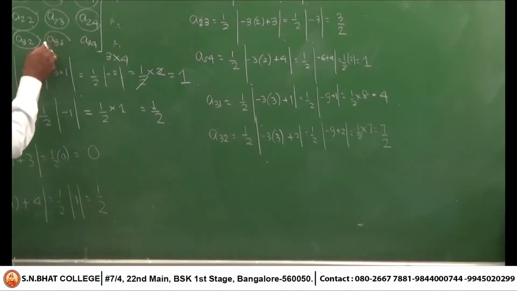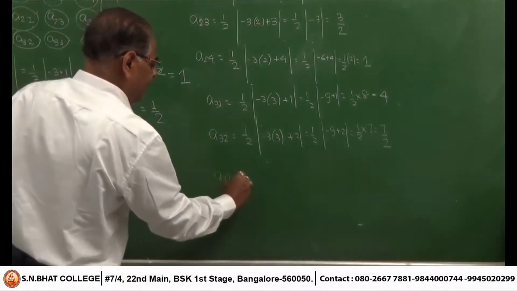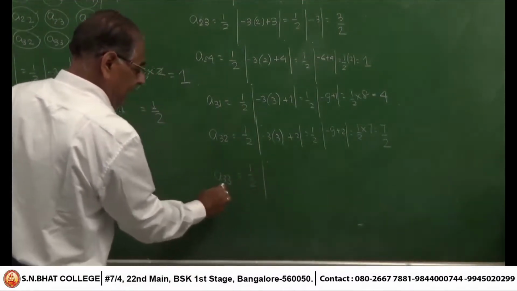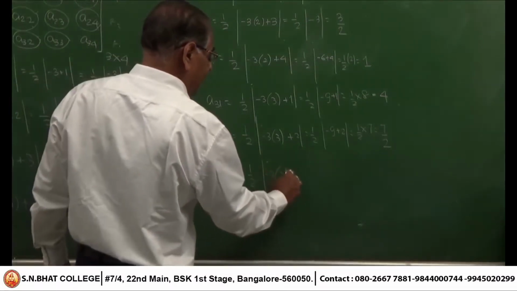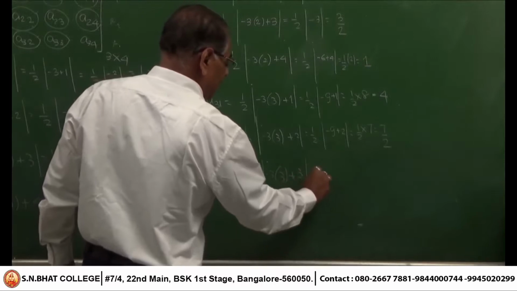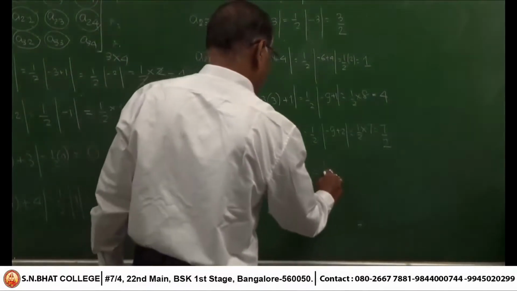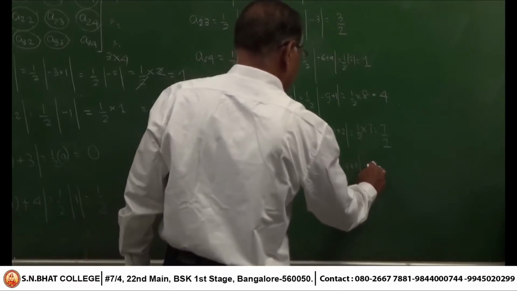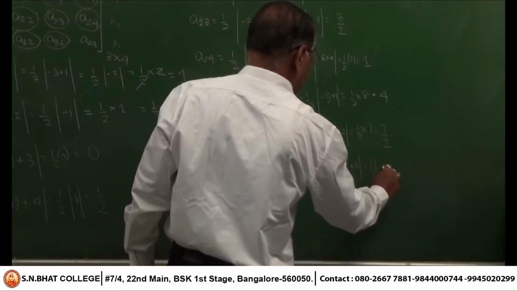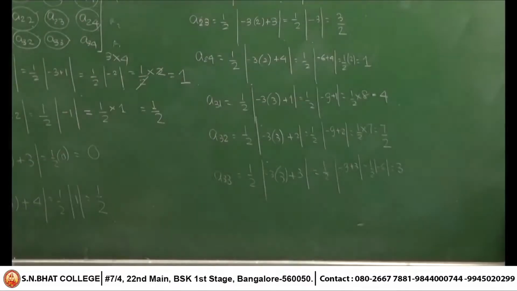Next, you have to calculate A33: i is 3, j is 3. Half into modulus of minus 9 plus 3, modulus of minus 6. Modulus of minus 6 is plus 6, and 6 by 2 is 3.